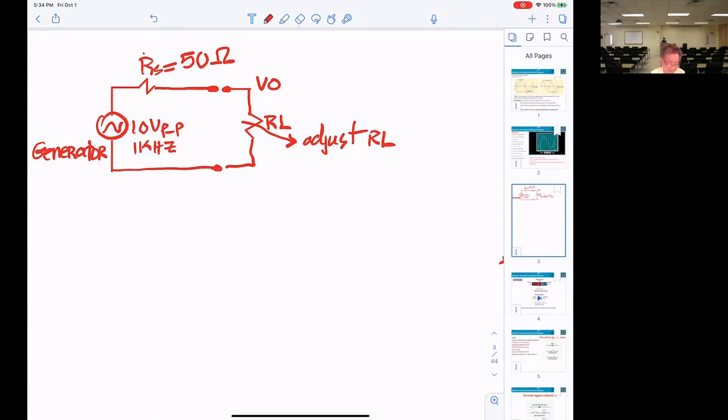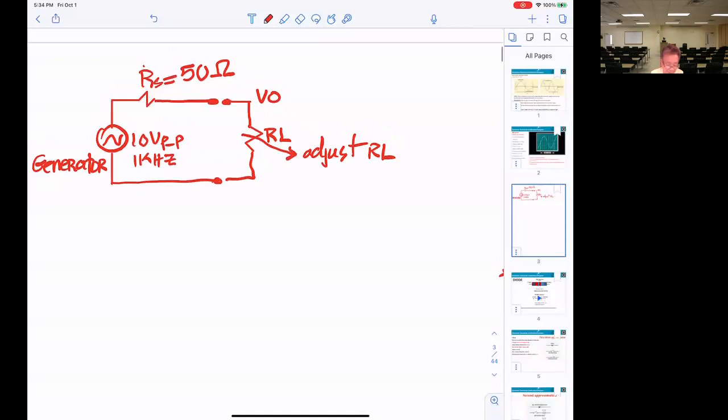So when they try to adjust the resistance until V out equals 5 volts, that's telling you what?